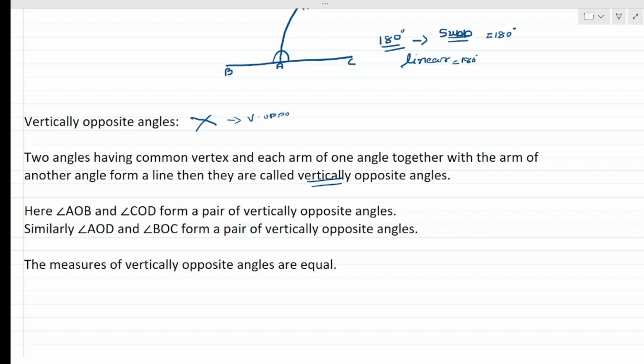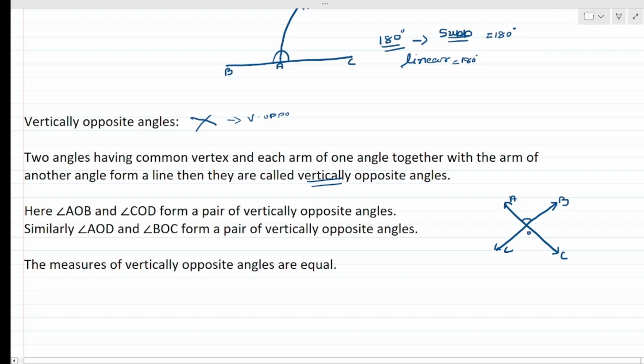We are taking a figure which has two arms. This is my two arms, say angle AOC, and my second arm is angle BOC. So here, what are our vertically opposite angles?